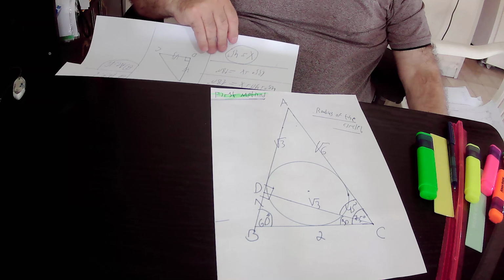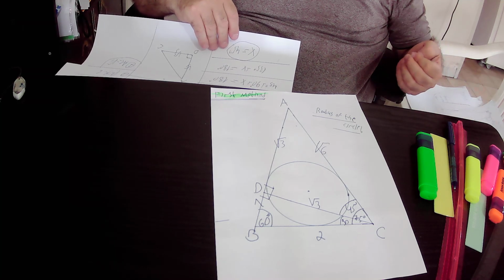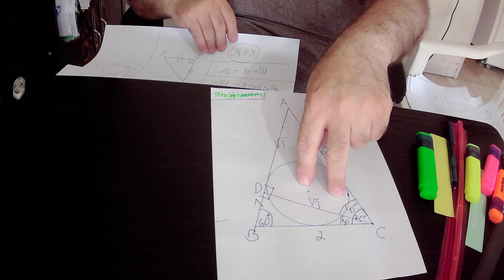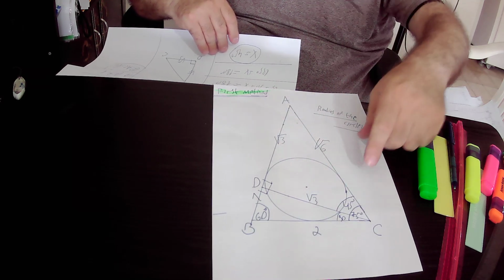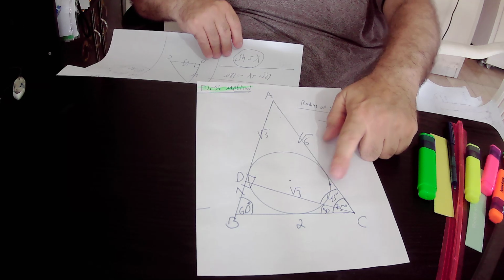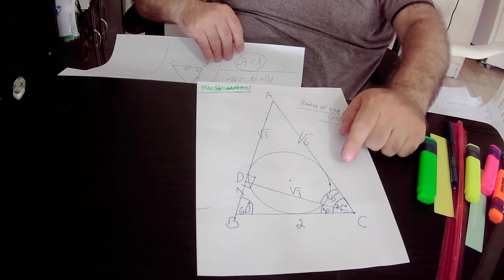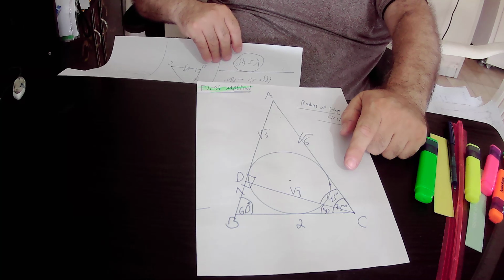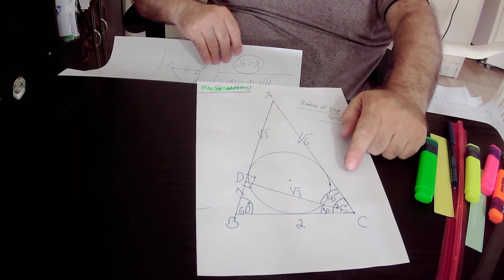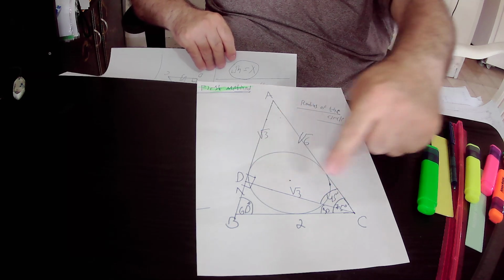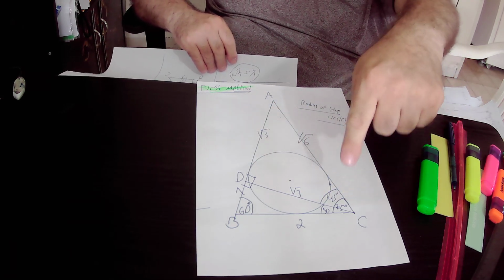Then we focused on triangle ACD. First of all, we found the size of this angle, angle ACD. What is the size of angle ACD? It is very simple to see from the drawing that the size of angle ACD equals the size of angle ACB minus angle DCB.